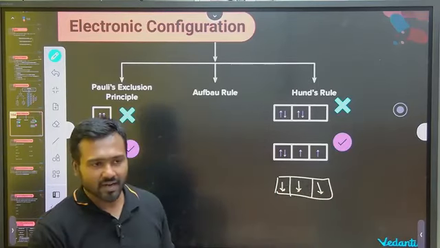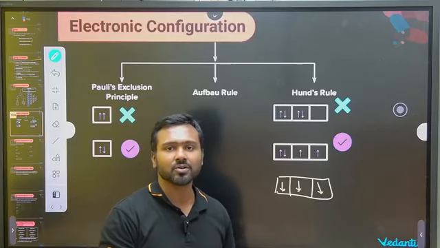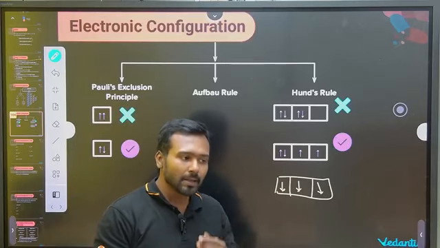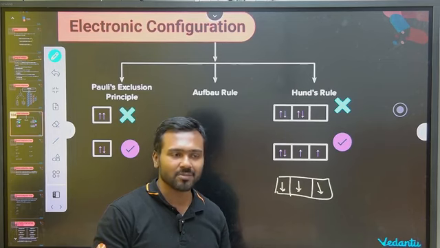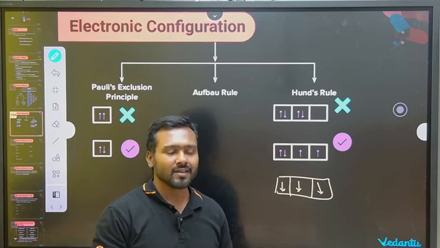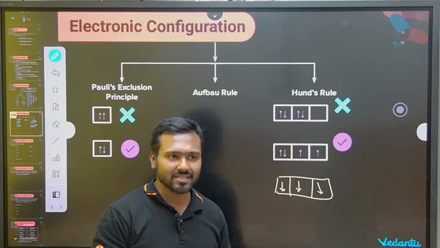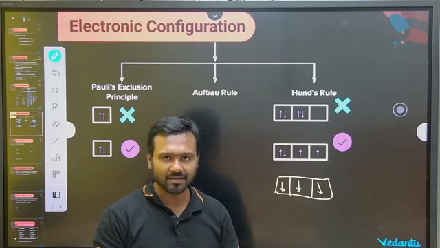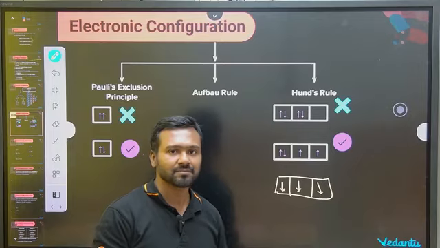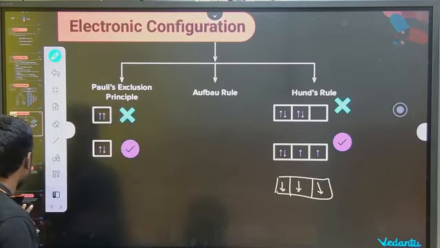Is this correct according to Hund's rule? It is correct. That is also correct. There is no rule that you have to fill with only an upward arrow, that means positive spin. It says that you have to fill all the degenerate orbitals with the same spin, then you have to start pairing. Hund's rule. Next one.